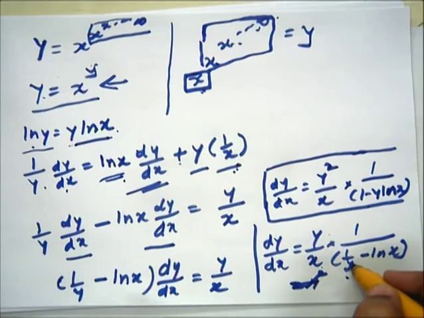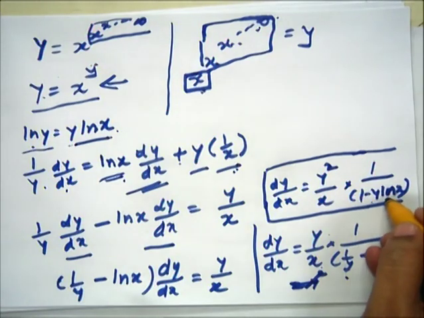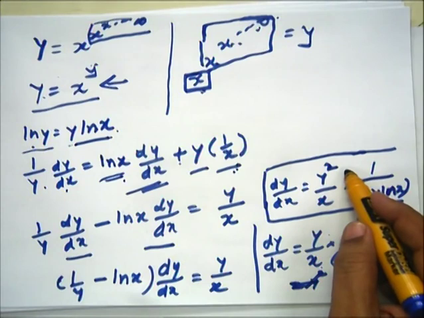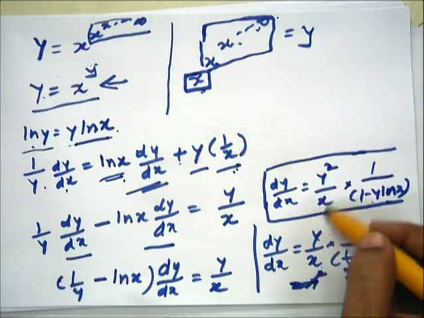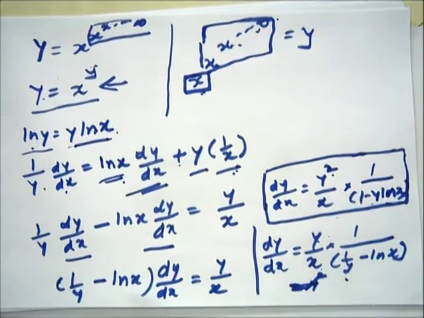Now if we take y as LCM here, this y will be multiplied here, so it is 1 minus y log x, and this y will be in the numerator, so it is y into y, it is y square, so it is y square by x. So this is the derivative of x raised to x raised to x raised to x infinite.